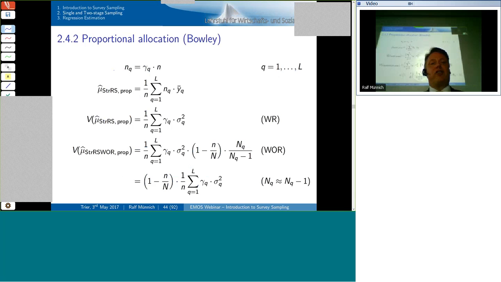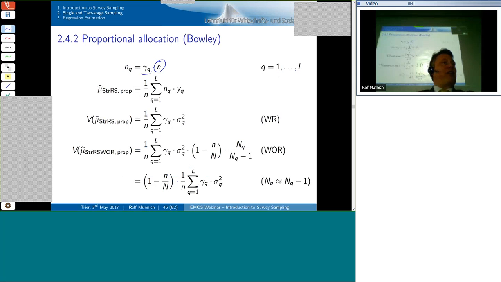The next one is the so-called proportional allocation. So now you allocate the sample size proportional to the size of the universe. That seems to be more intelligent. Is this the case? Well, it's not so easy to say. It depends on what you want to do. What we will later find out is if you do general accuracy comparisons, you cannot say anything about equal allocation.